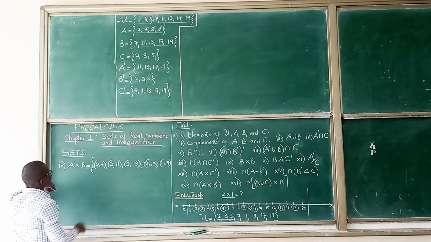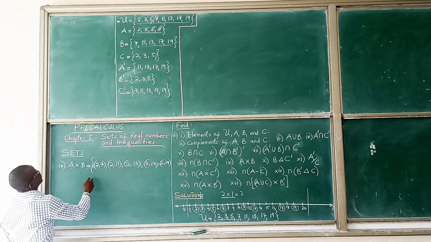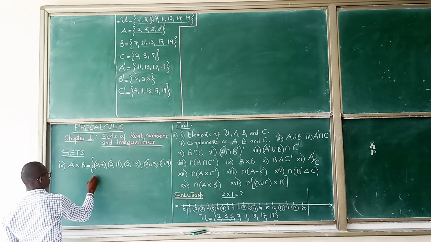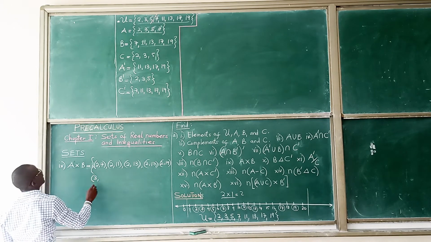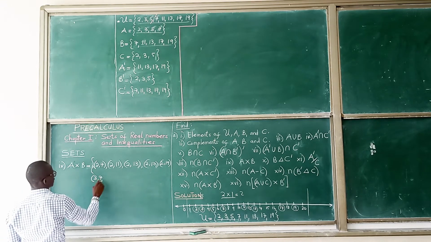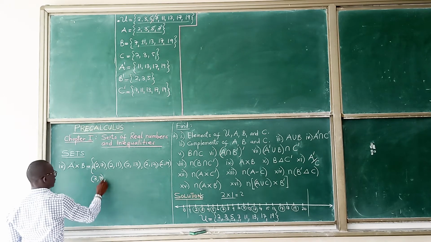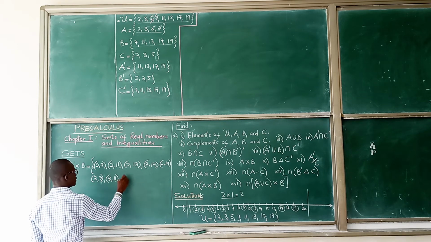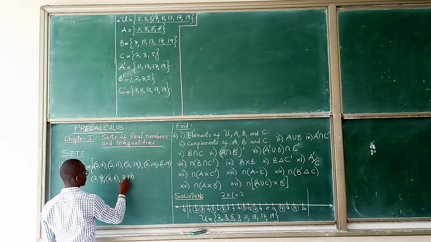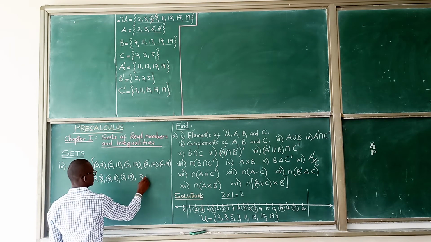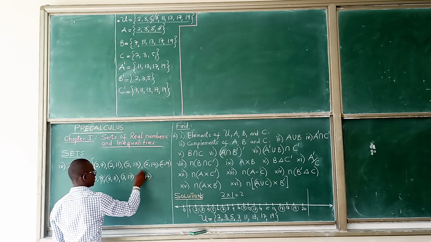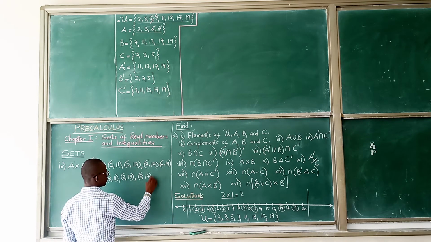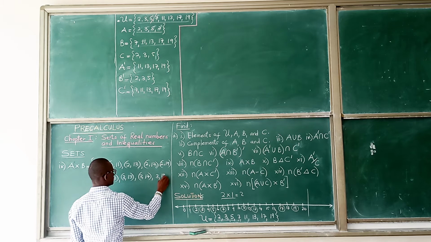We now move to 3, right? So we say 3, 7, 3, 11, 3, 13, 3, 17, and then 3, 19.